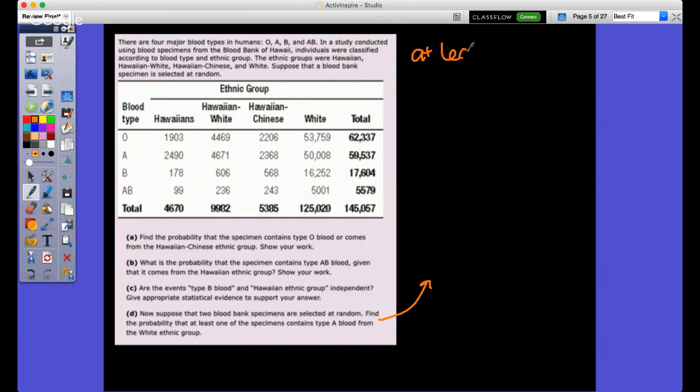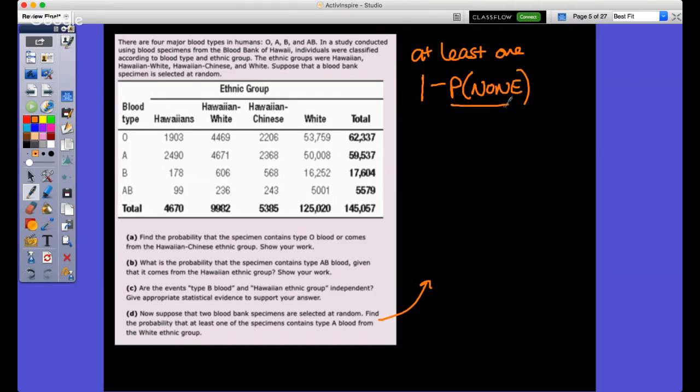At least one, okay? If I choose, and I've got these Haribo gummy bears right here in my possession, if I chose 3 of these at random, and I say, what is the probability that at least one of them is red? Really what we're saying is, the complement of at least one is 1 minus the probability of none, right? Because the probability of none happening would be that I would have no red gummy bears, but at least one means that I could have 1, I could have 2, I could have 3.